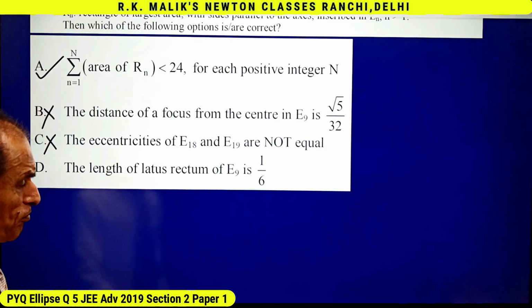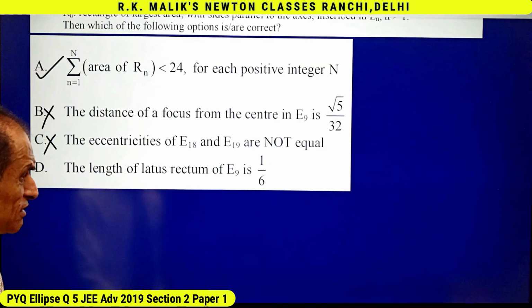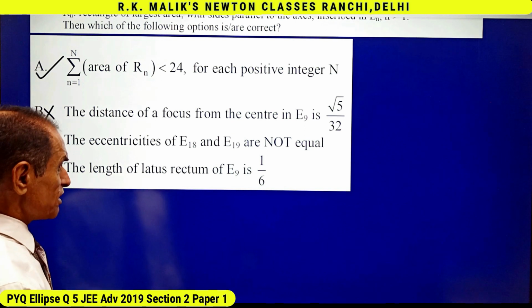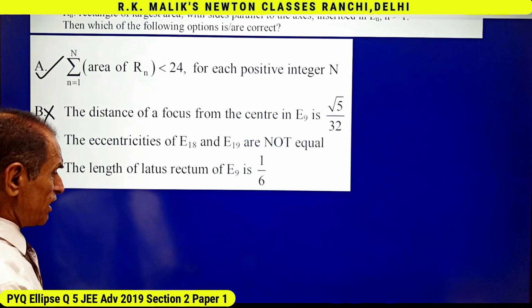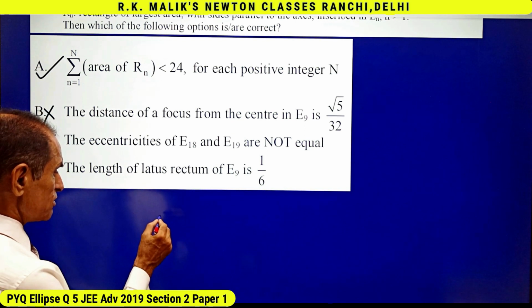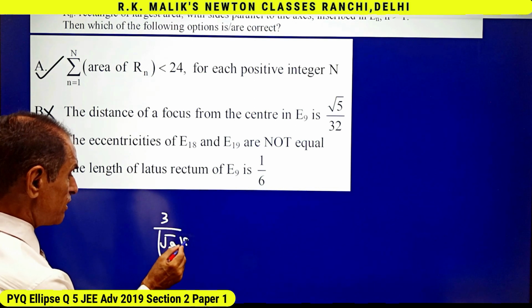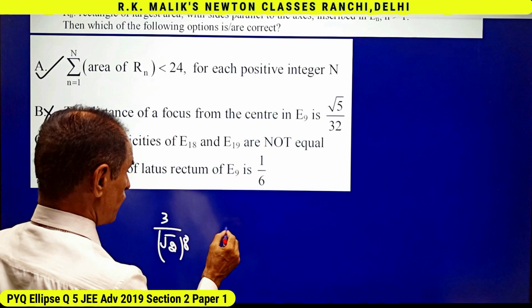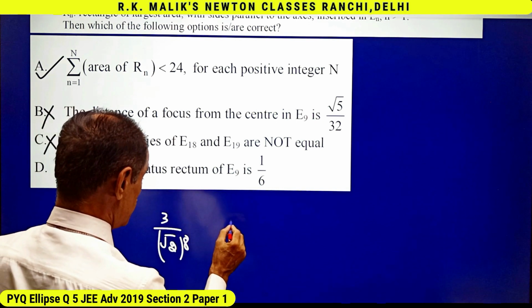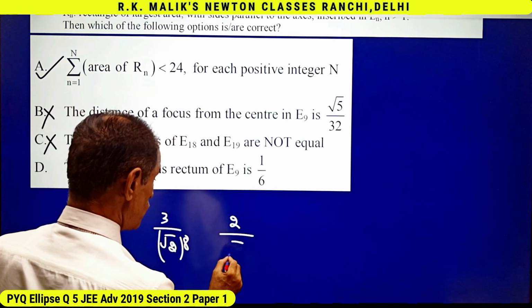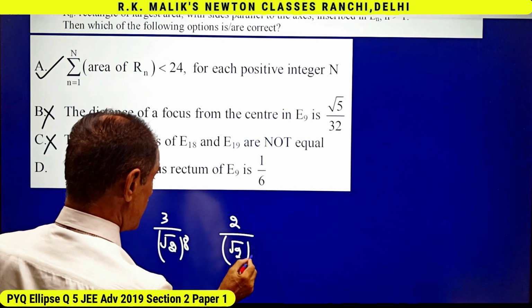As I had proved previously, the length of the semi-major axis of ellipse E9 was 3 by root 2 to the power 8 and the length of the semi-minor axis had become 2 by root 2 to the power 8.